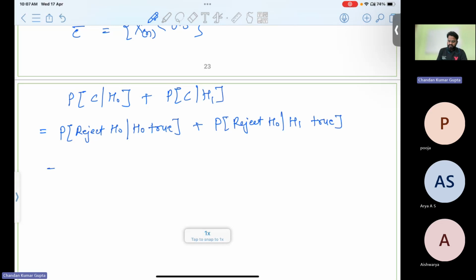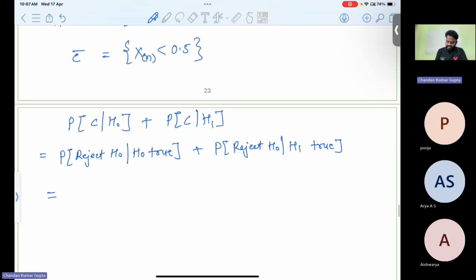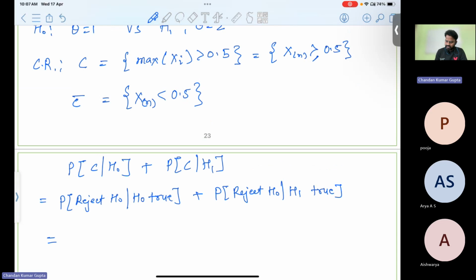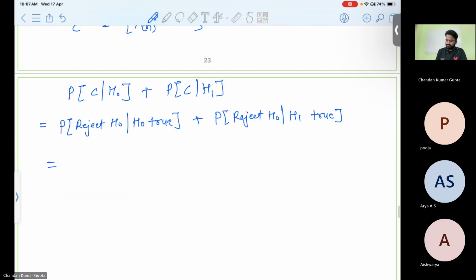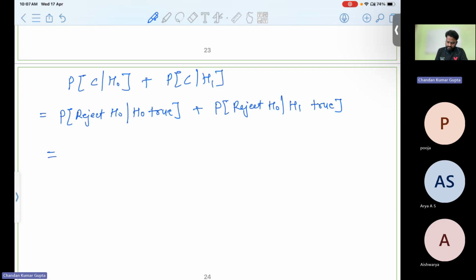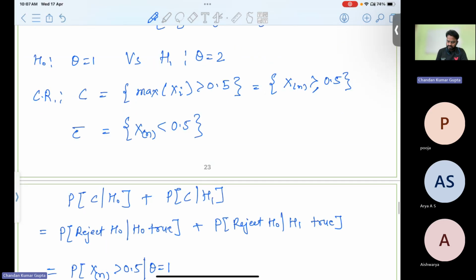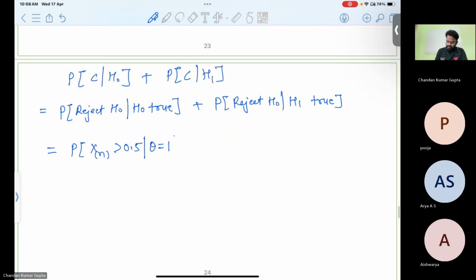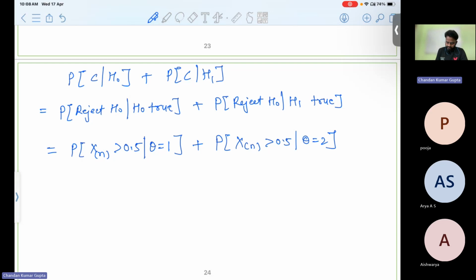Reject H0 means when the sample lies in the critical region. So Xn greater than 0.5 under H0, theta equal to 1, plus probability that Xn greater than 0.5 under theta equal to 2. Only we need to calculate this probability, nothing else.